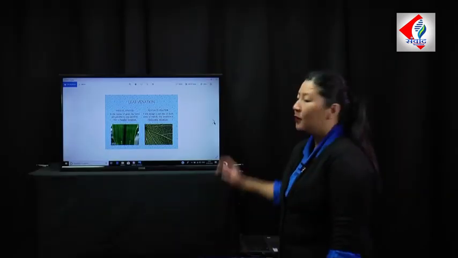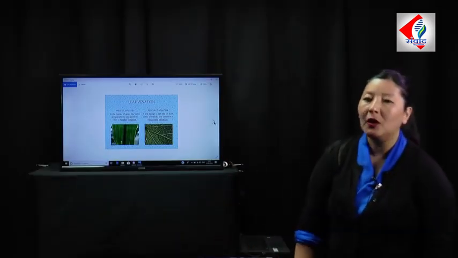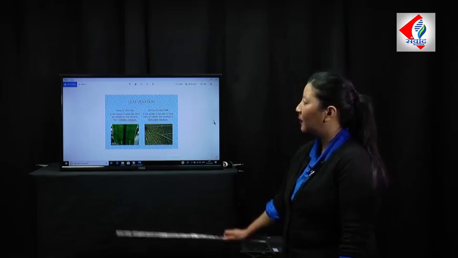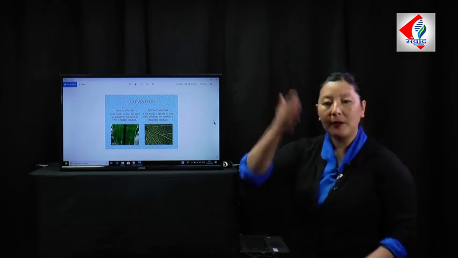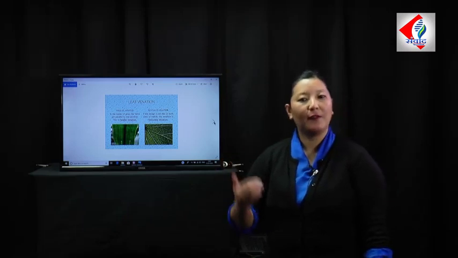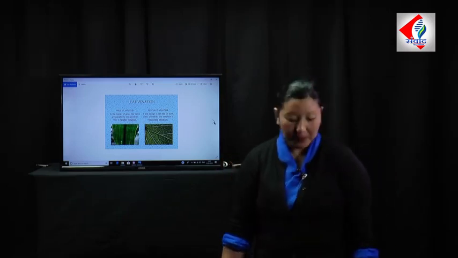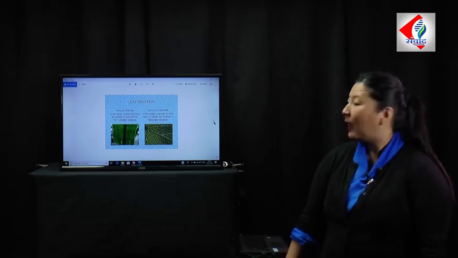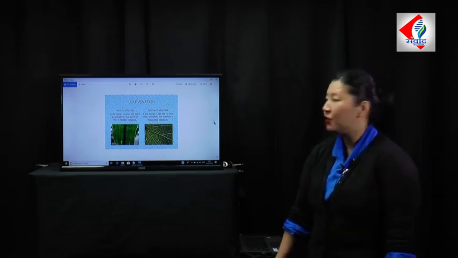The arrangement of veins on the leaves is known as venation. So there are two types of leaf venation. One is reticulate venation and the other is parallel venation. Parallel venation: in this type of leaves, the veins run parallel to one another. This kind of venation can be seen in plants like grasses and maize. And the other is reticulate venation.